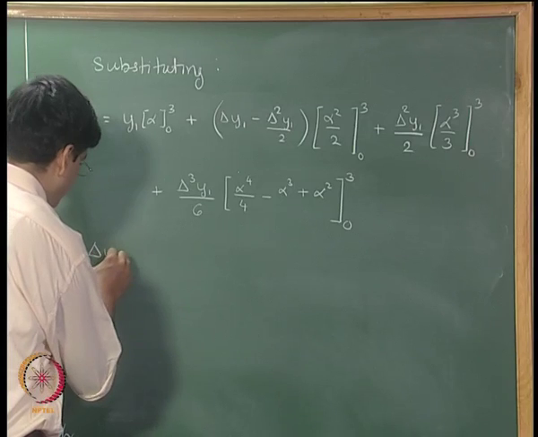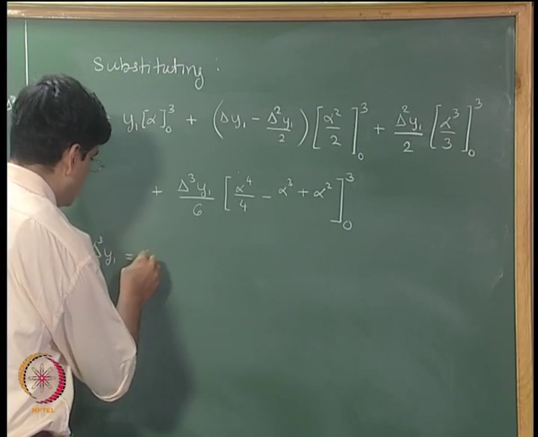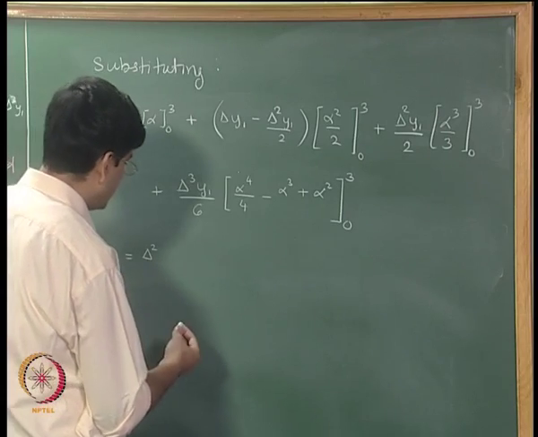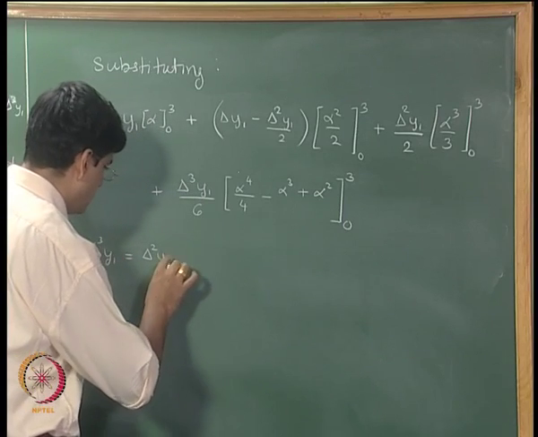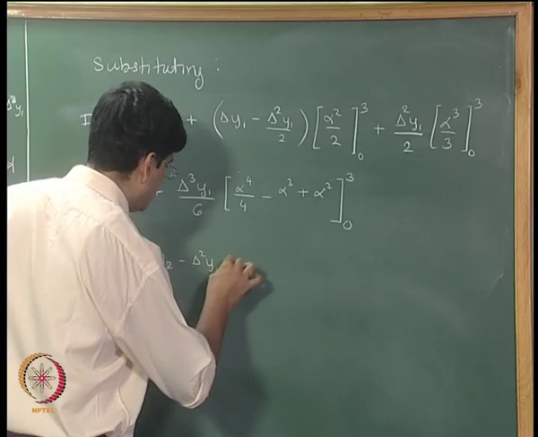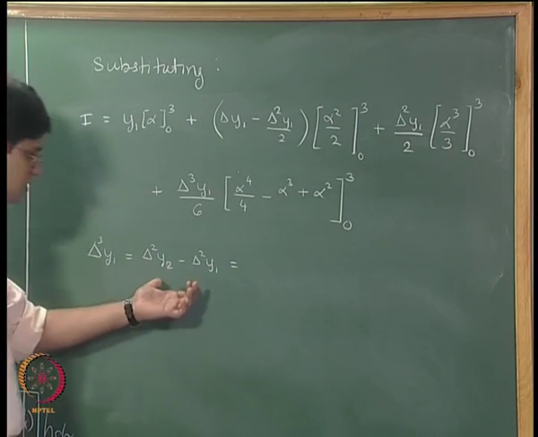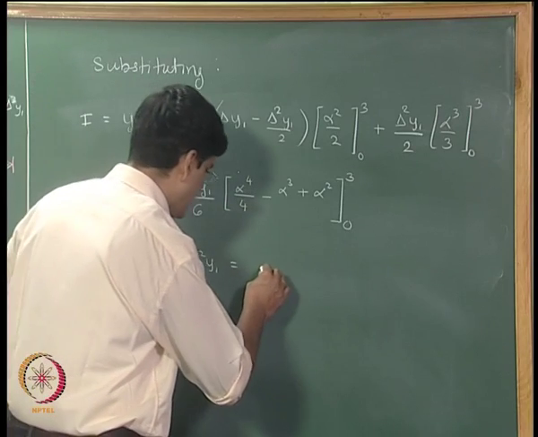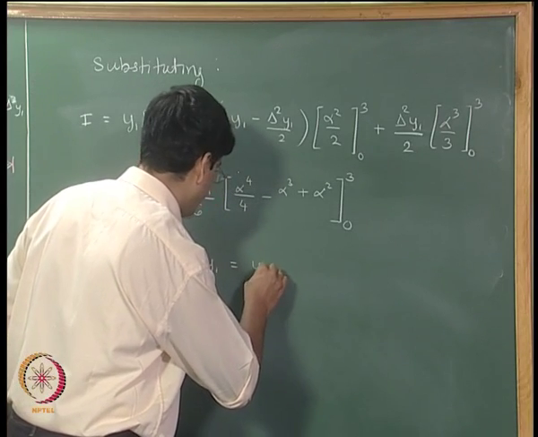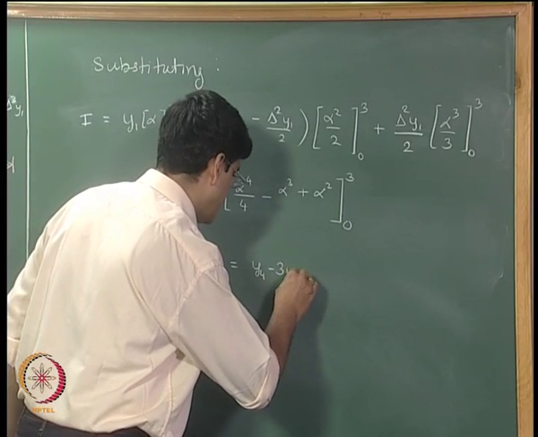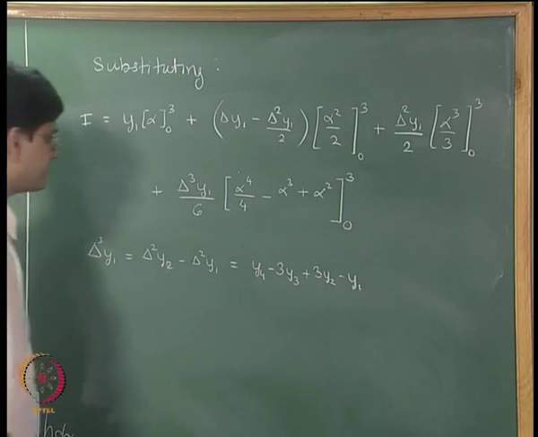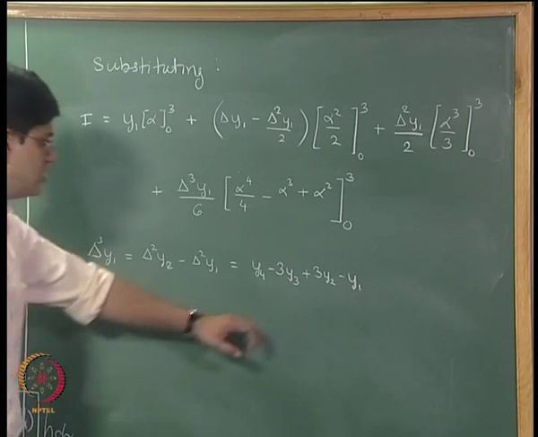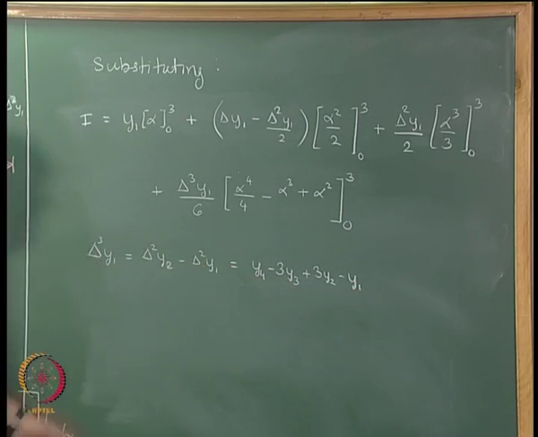And delta cubed y1 is going to be equal to delta squared y3 minus delta squared y2 minus delta squared y1, and if we substitute this particular expression into that, I think we should be getting y4 minus 3y3 plus 3y2 minus y1, okay. So this is what I believe we will get when we substitute delta cubed y1 into this particular expression.